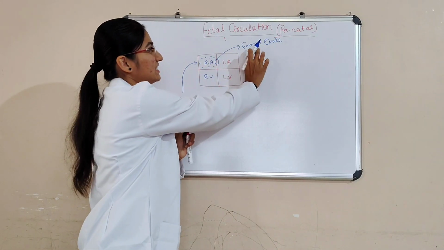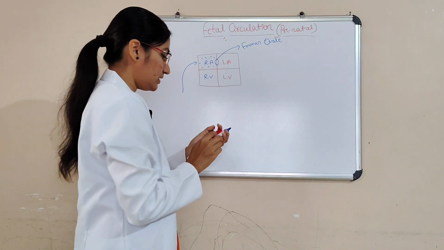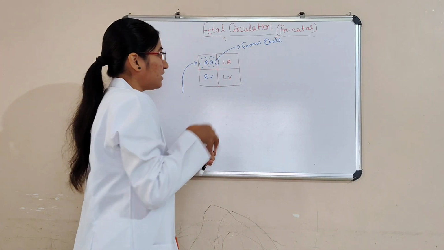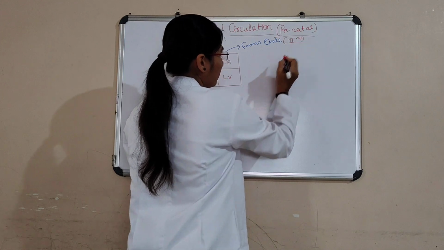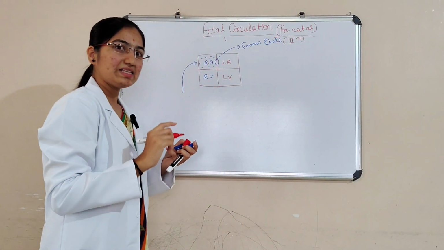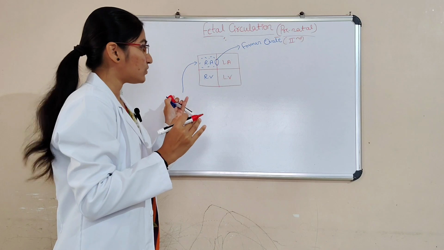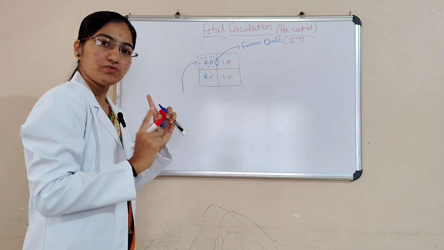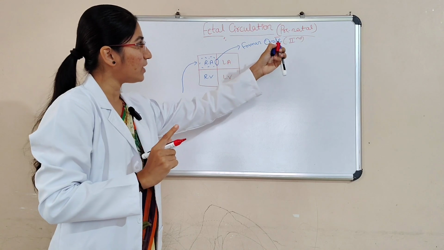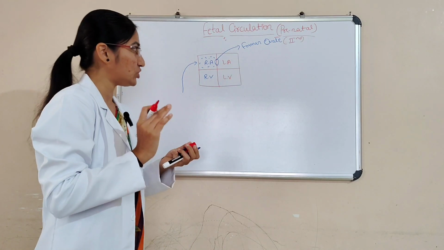Here this is the second bypass channel. What is the first bypass channel? That one bypasses the ductus venosus. Here the foramen ovale is the second bypass channel.